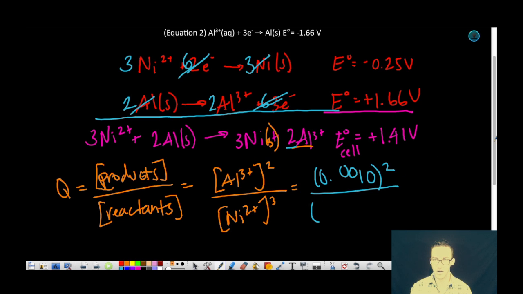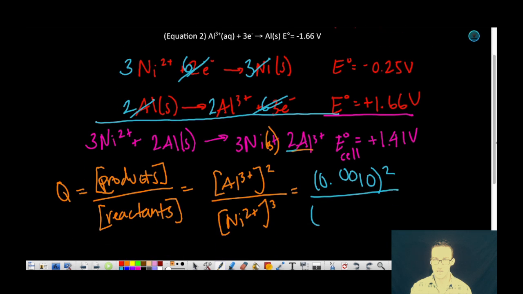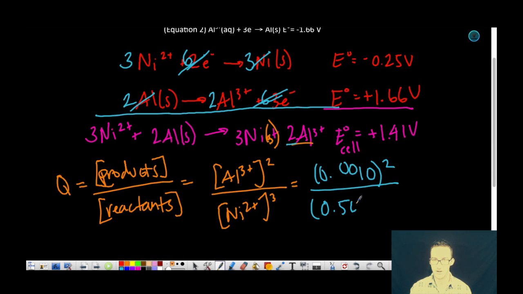And then our nickel ion concentration is 0.50 molar, and it's going to be cubed. When we solve this, we get 8.0 times 10 to the negative 6 as the numerical value for our reaction quotient. And again, we'll talk a little bit more about what that means in relationship to equilibrium, the equilibrium constant for this reaction, in a couple of minutes.